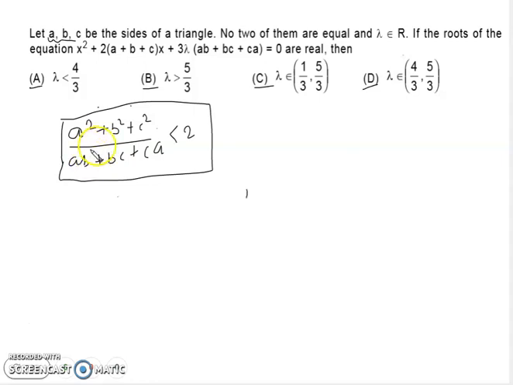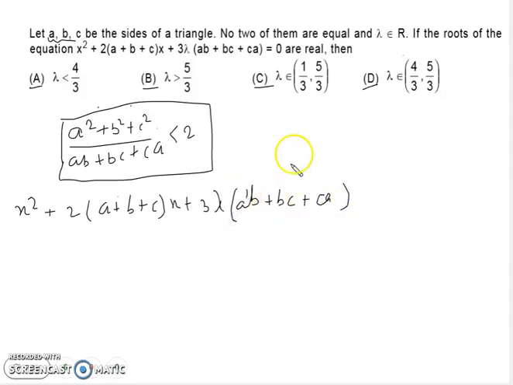Now the equation contains real roots. The equation is x² + 2(a + b + c)x + 3λ(ab + bc + ca).